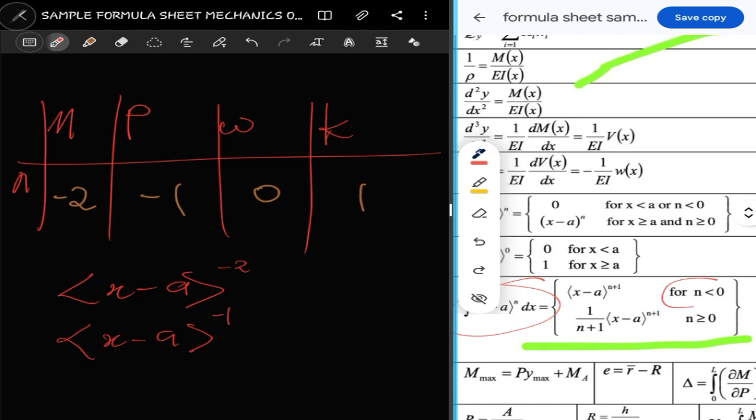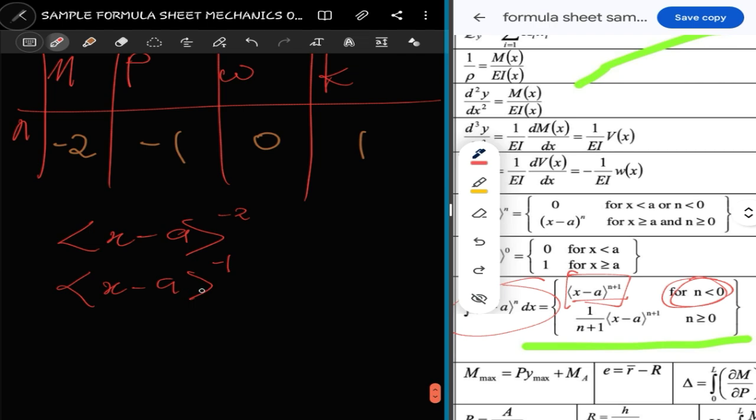So long as the n is less than 0, you just add 1 and you don't do anything else. So if I'm integrating this again, after I integrate this, it becomes this, right? X minus a is -1, if I add 1, it just makes it 0, right? So when it becomes 0 like this, there's nothing I can do about it. I still leave it, right?